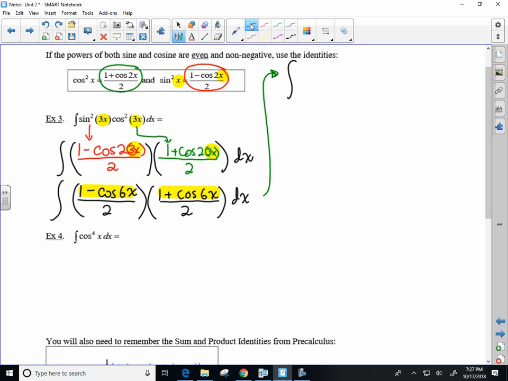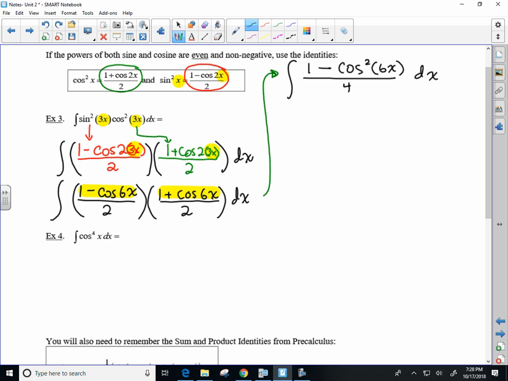So when you distribute them out, it'll become a difference of 2 perfect squares. 1 minus cosine squared of 6x over 4 dx.